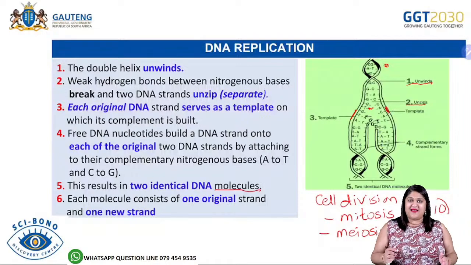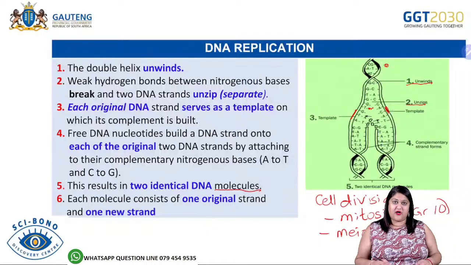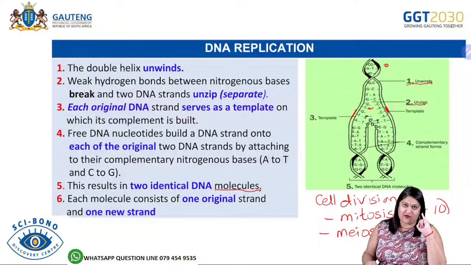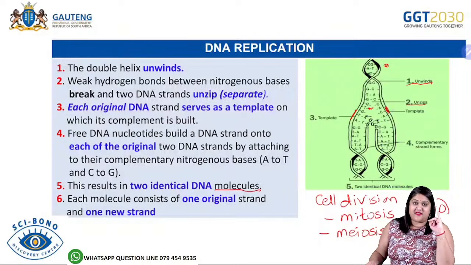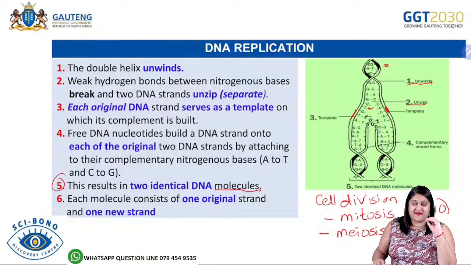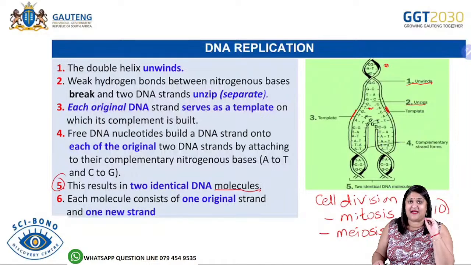Okay, and where learners go wrong here, they go wrong in a few places. Number 1, they don't talk about the double helix unwinding. They just say DNA unwinds. Another place is that they say that it unzips before saying unwind. They talk about 2 in bullet number 5. They write about 2 identical DNA strands instead of DNA molecules.